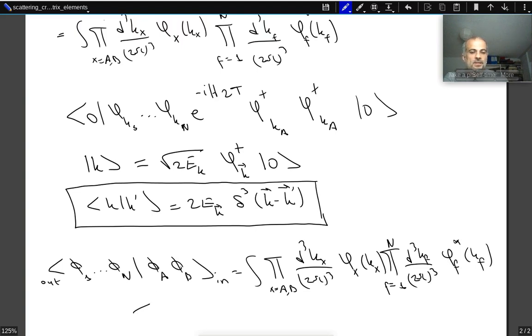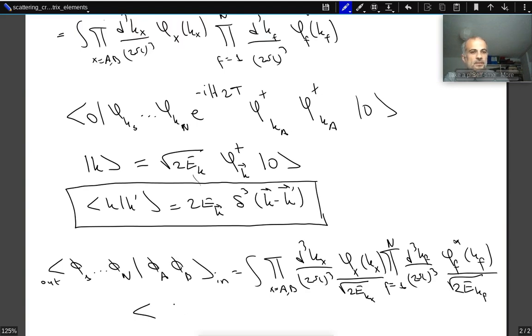And here, since I have this normalization, I have to divide by that normalization, each one of these being divided by 2 E kx, and each one of these divided by 2 E kf.